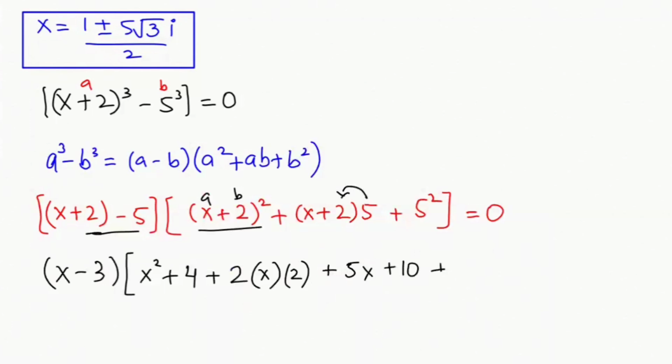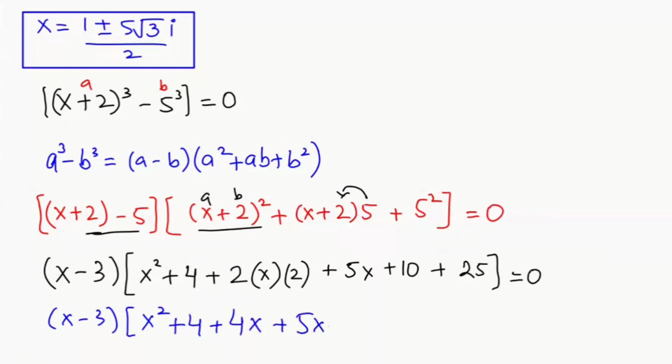And this 5 times 5 is 25, is equal to 0. And here x minus 3. And this I'm going to solve, and I'm going to collect the like terms here. This will be equal to 4x plus 5x. This will be equal to 35 bracket is equal to 0.